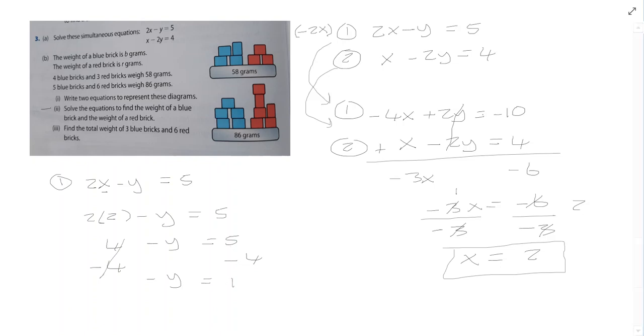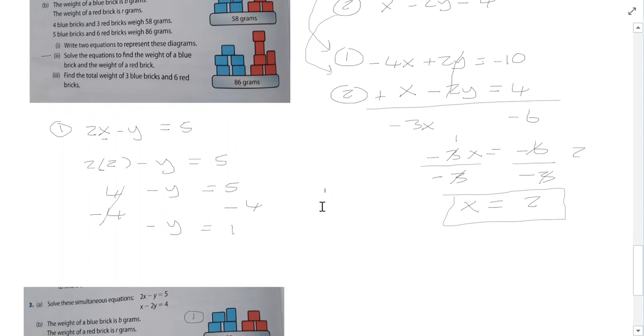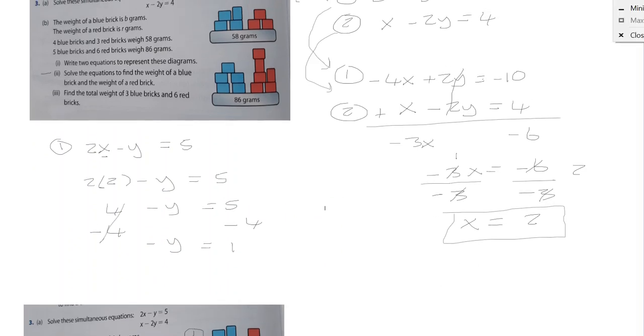Now, we don't want to leave this as a minus y. Never leave it as a minus y, because your answer will be wrong. What you need to do is change this minus y to plus y. So again, you take advantage of the rules for multiplying integers: like signs give plus, unlike signs give minus. So how do we change this minus 1y to a plus 1y? We multiply it by minus 1. So we multiply this equation by minus 1.